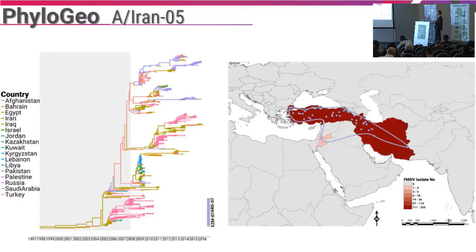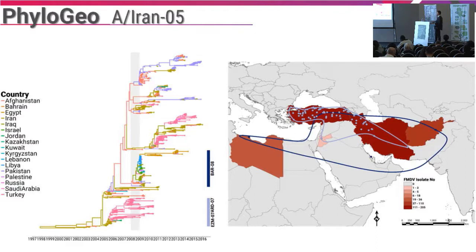Iran 05 is more or less the same story, except that it doesn't start from the Indian subcontinent; rather, it starts from Iran and then goes to Turkey, back in 1998, 1999, the most recent common ancestor.